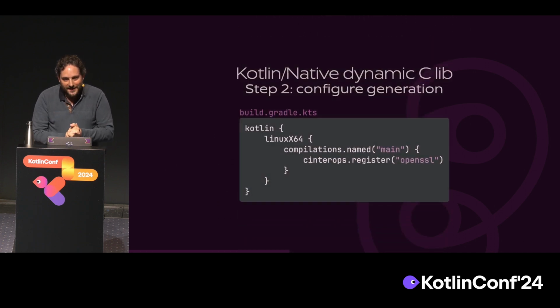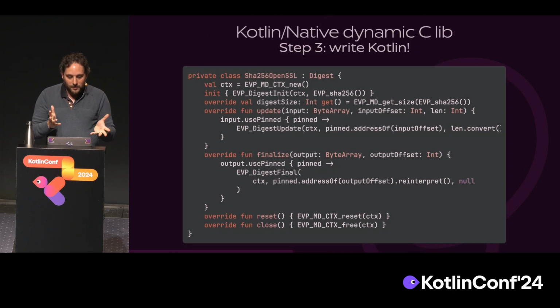Okay, so once you've done that, you need to tell Gradle that you have a definition file, a C-interop, and then you can write your C-interop function. And that's very easy. Once you've done the def file and told Gradle that there's a C-interop, it's very easy.